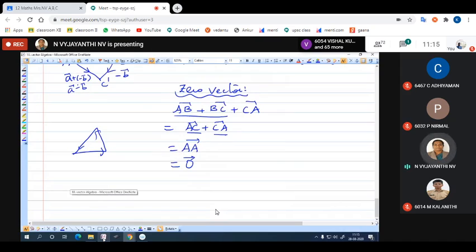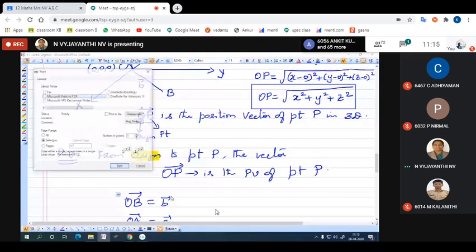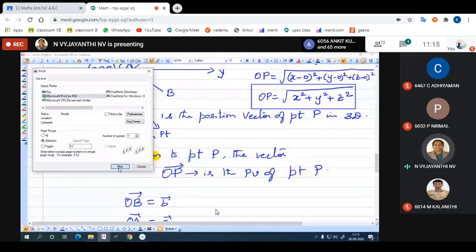So let us see components of vectors. This component of a vector is very, very important.